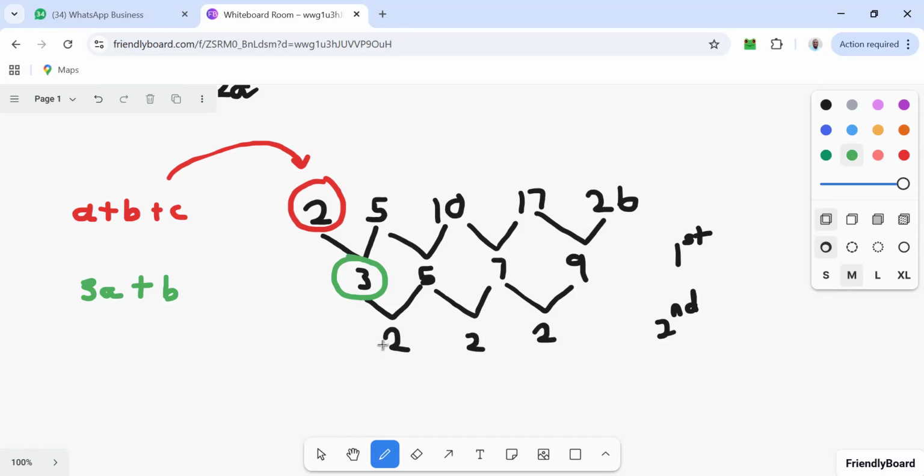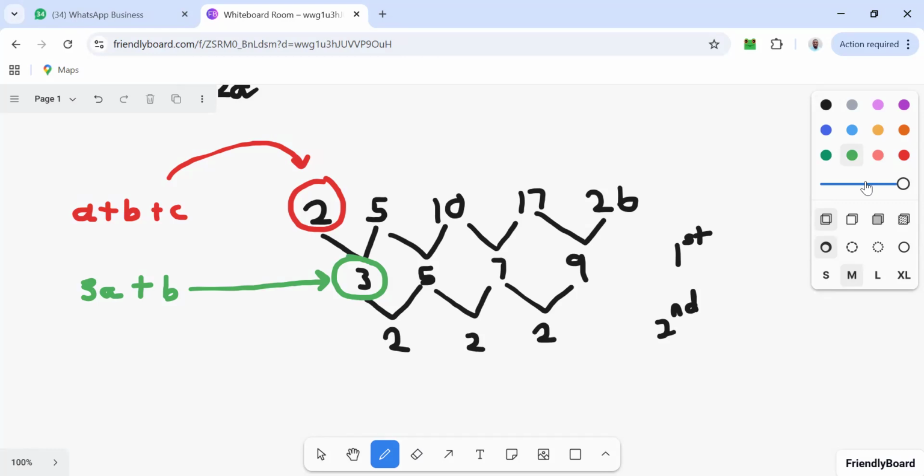I'll repeat: 3a plus b is equal to the first term of the first difference row.